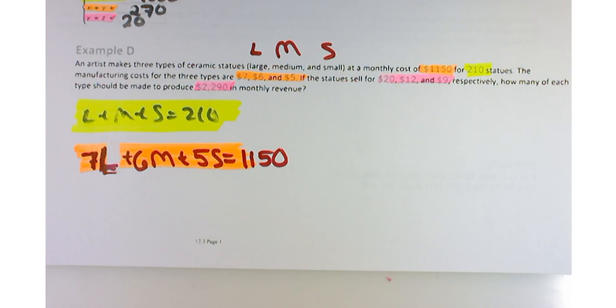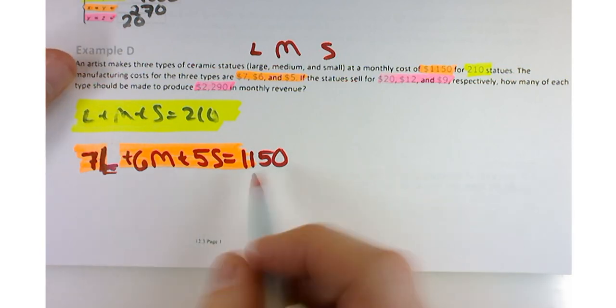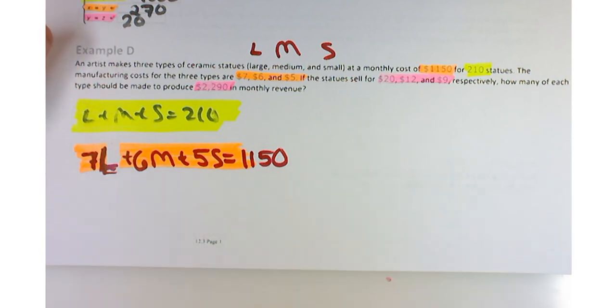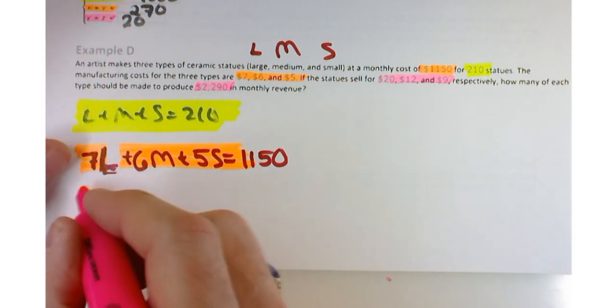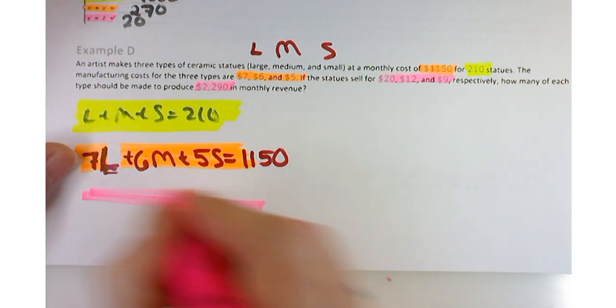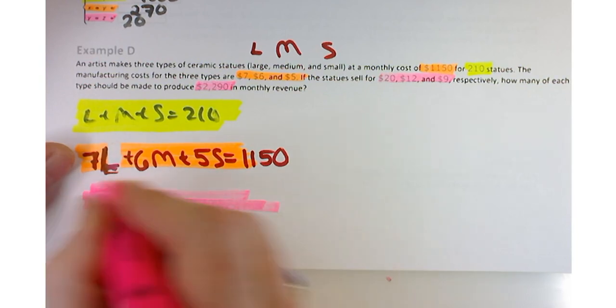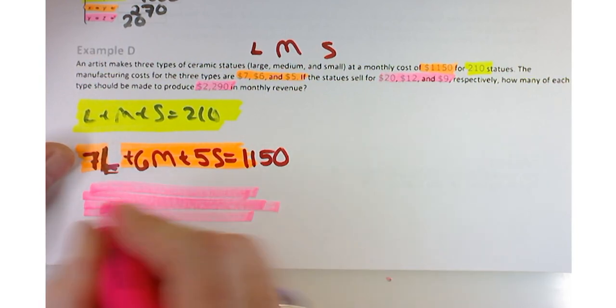There's one last thing we want to figure out, and that is our profit, or at least our revenue. I guess it's not profit, we have to subtract to get the profit. So that's the last one. Isaac, can you help me out with that one? Where are we going to get our revenue?